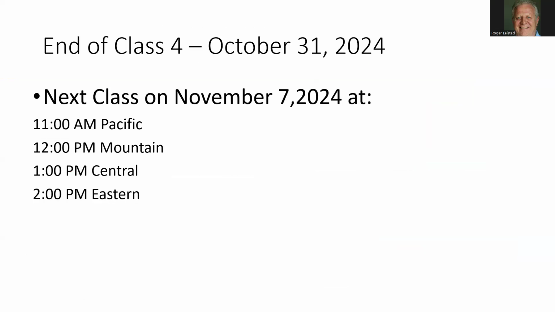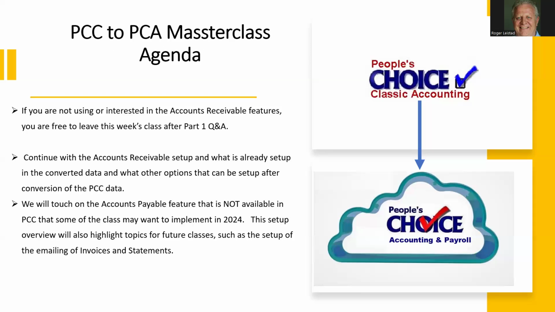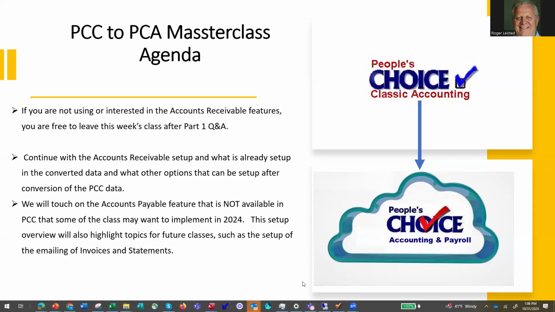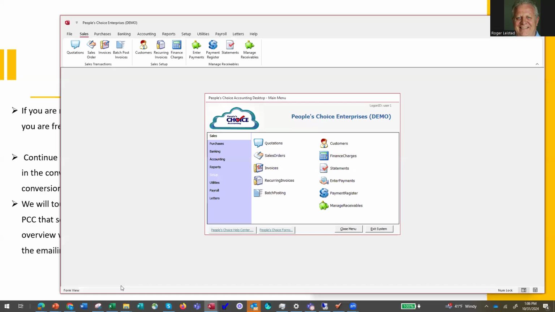Let me back up here a little bit. So what I'm going to first do here is, in your classic program, there is a company called People's Choice Enterprises Demo. It's company number 99 in your classic program. And this is a converted version of the demo company that's in there.